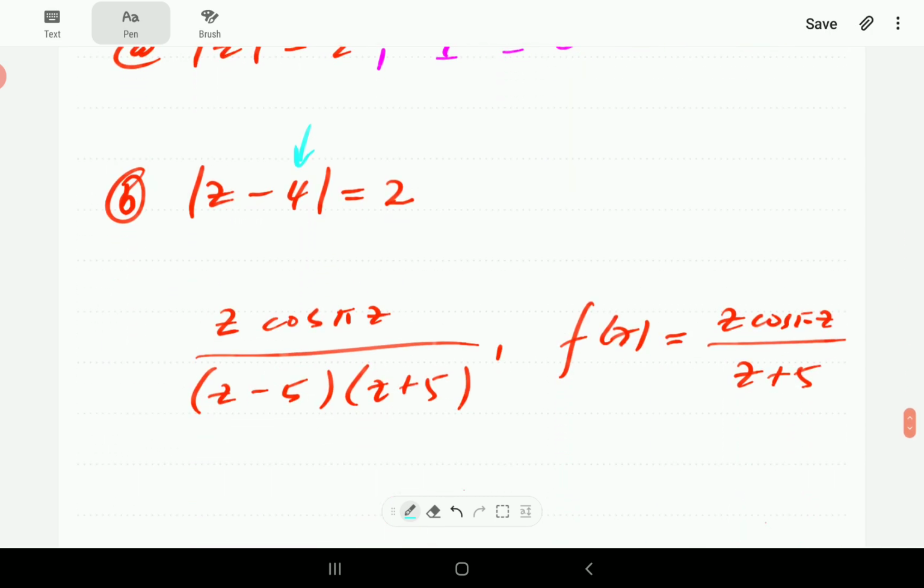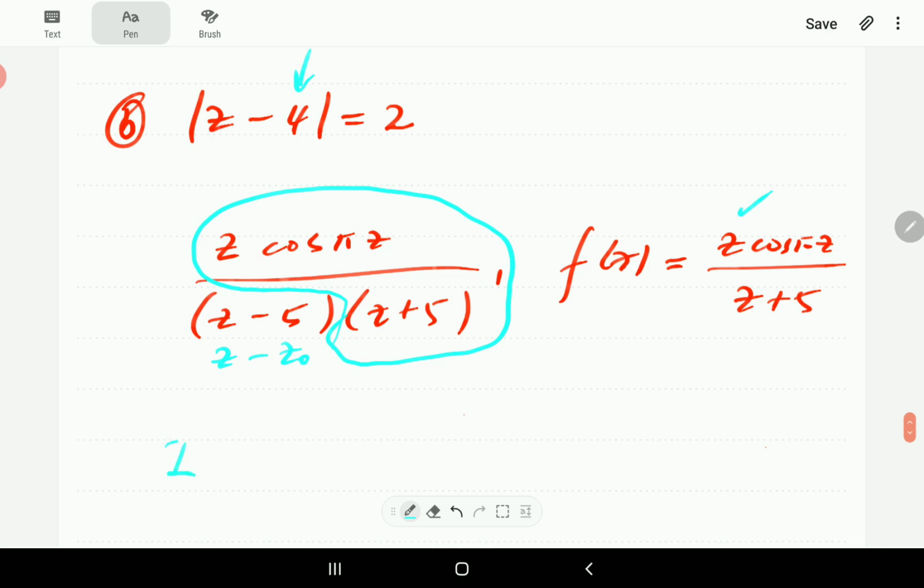So if we write our integrand like this, then this is going to be our z minus z naught, because 5 is our singularity. That means this is going to be f of z, as I have written here. So the integral is simply going to be 2 pi i f of z naught.